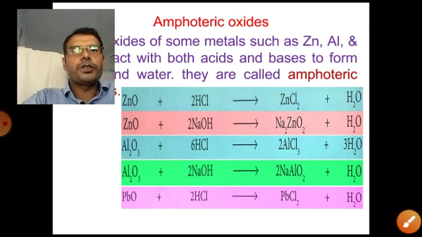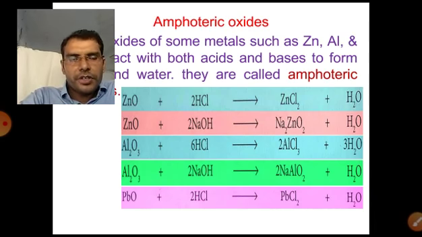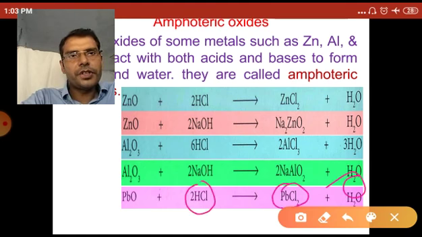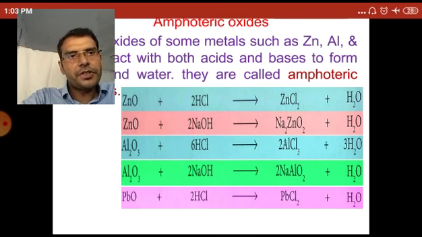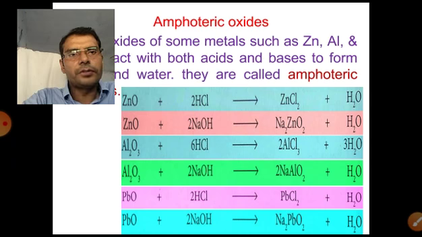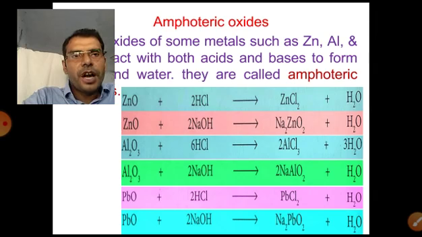Now lead oxide, when it reacts with hydrochloric acid, forms lead chloride, a salt, and water. HCl is an acid, so here lead oxide is behaving as a base. Now when lead oxide reacts with sodium hydroxide, it forms sodium plumbate, a salt, and water.